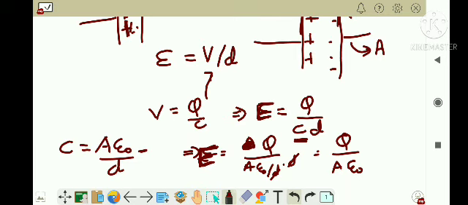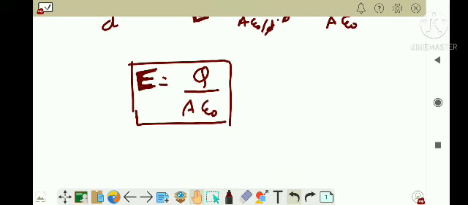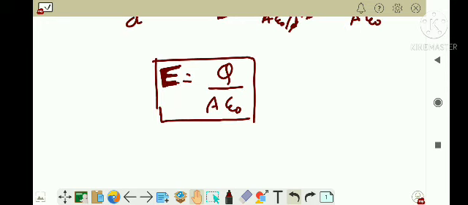Clear? Write capital E for the electric field. So this much electric field is stored inside the capacitor and flows from the positive to the negative plate, perpendicular to the surface of the plates.